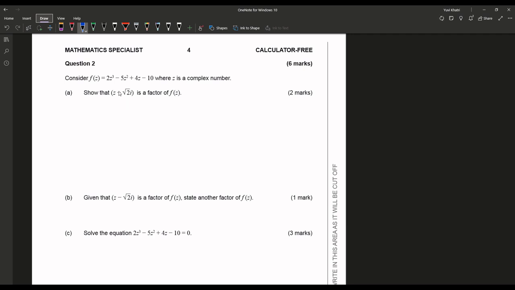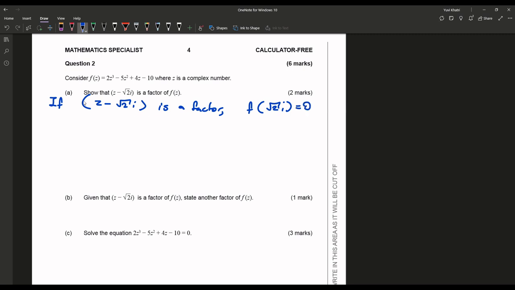Now question 2 gives us a cubic, where it says that z is a complex number, so it's got complex solutions. And part A says show that z minus root 2i is a factor of f of z. So that means if z minus root 2i is a factor, then f of root 2i would have to equal 0, right?